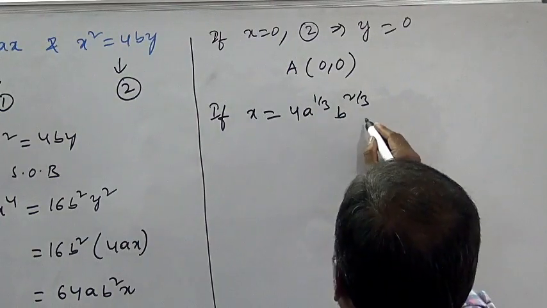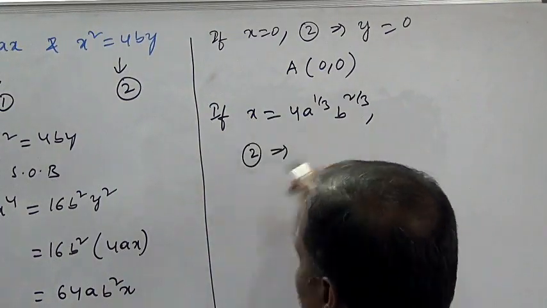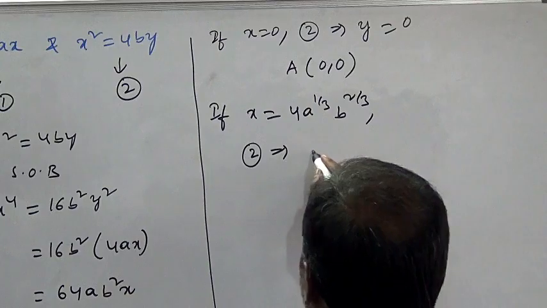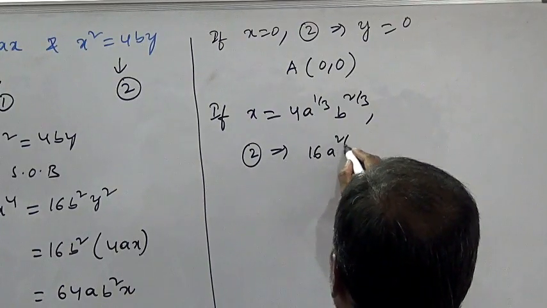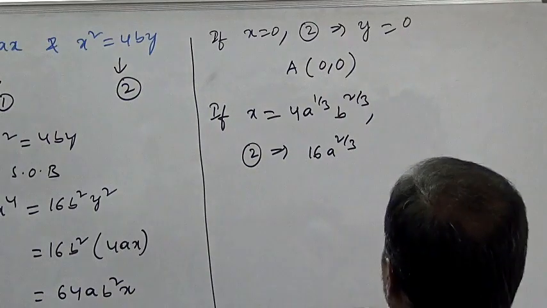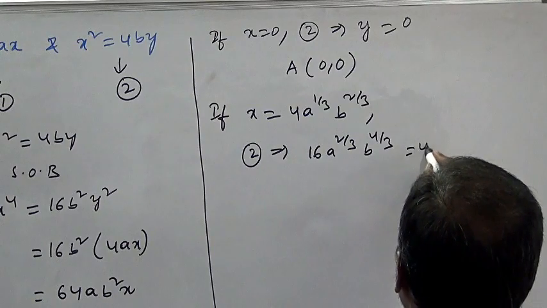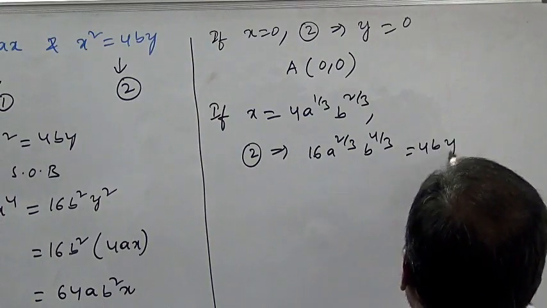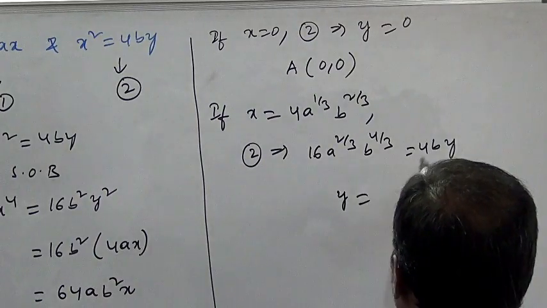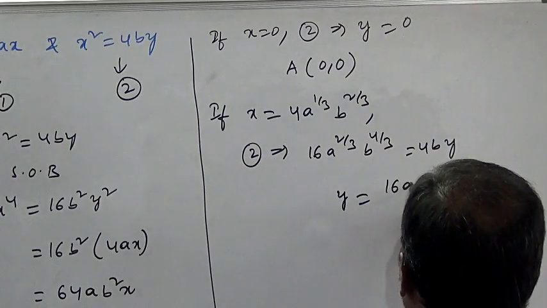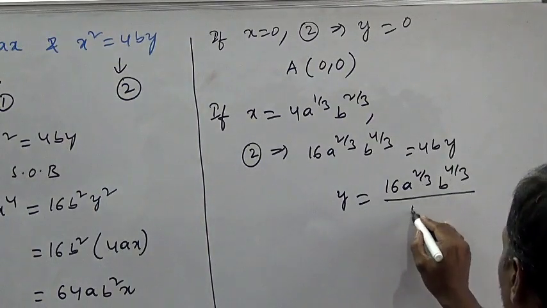Now if x equal to 4a power 1 by 3, b power 2 by 3, substitute this value in equation number 2: x square is 16a power 2 by 3, b power 4 by 3, equal to 4by. Now y equal to 16a power 2 by 3, b power 4 by 3 by 4b.